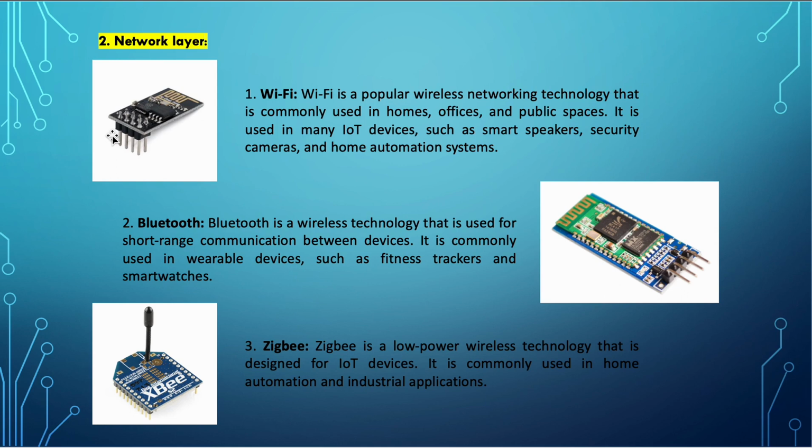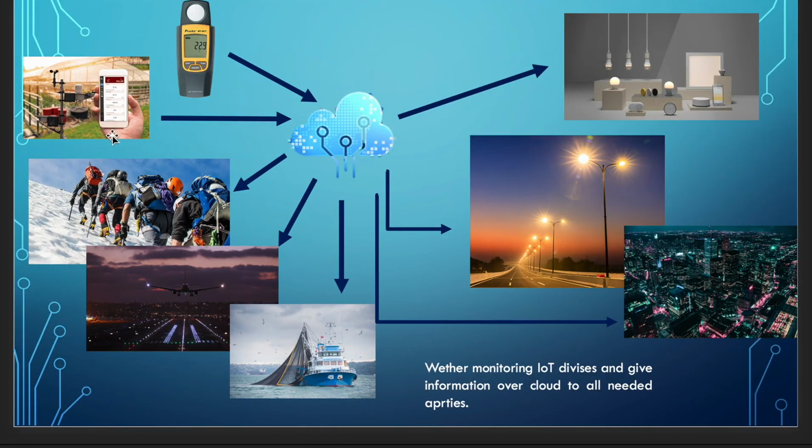This is something very important. What is the property that Zigbee gives here? It's a low power device, so communications can be carried out with low power. Why is it important? Because sometimes you have IoT devices that are off the grid and working through small batteries. Take for example the weather monitoring device here. Say it is on top of a mountain where there is no electricity and only a solar panel.